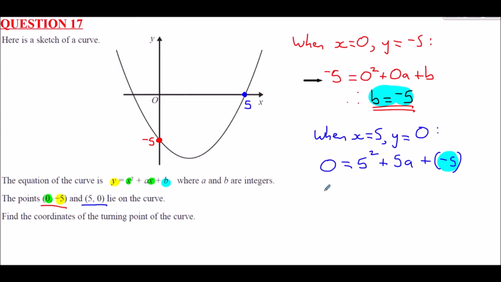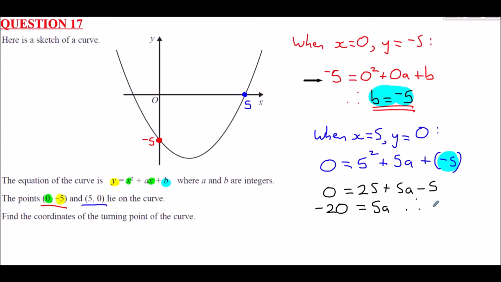So 0 equals 25 plus 5a, take 5. Magically changed colour there, that was quite strange. So let's change it back into the black. So 25 minus 5 is 20. So if I just take this 20 and subtract it from both sides, we get -20 equals 5a.